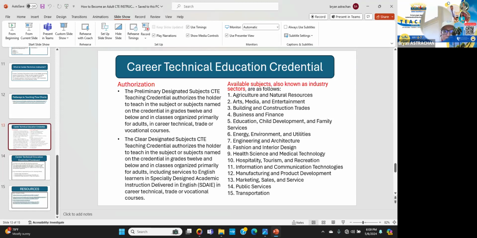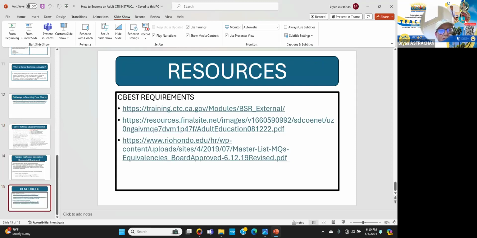Once you clear that credential, then your chances of getting a permanent position with a K-12 district or an adult school are going to be much better, because you can't get a permanent position until you actually have cleared the credential. And let's see, we have a couple other questions.